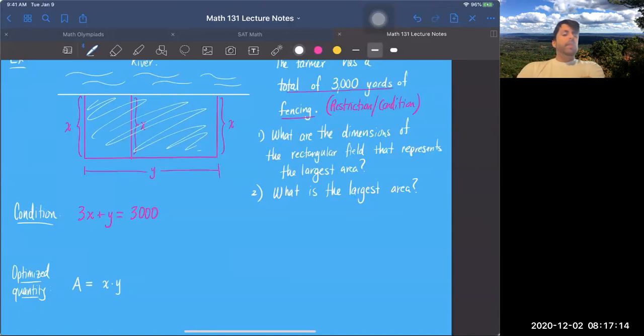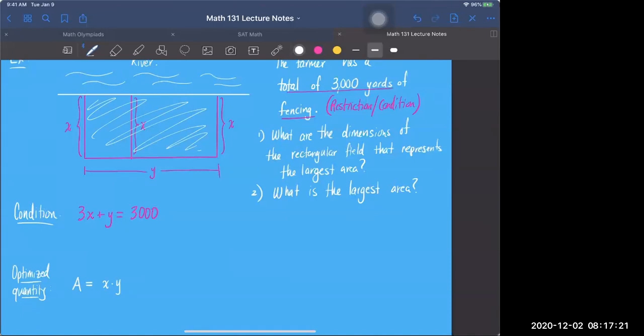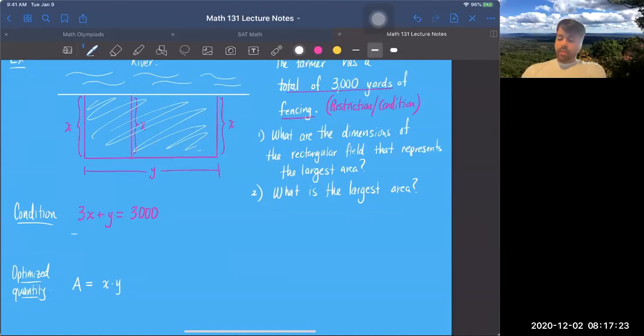Which variable is it easier to solve for, x or y? Y, obviously. So if I subtract 3x on both sides, y is represented by 3,000 minus 3x.